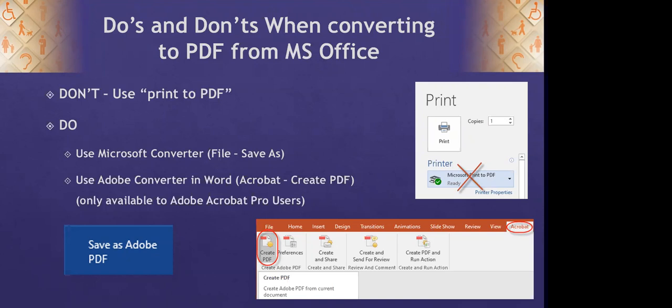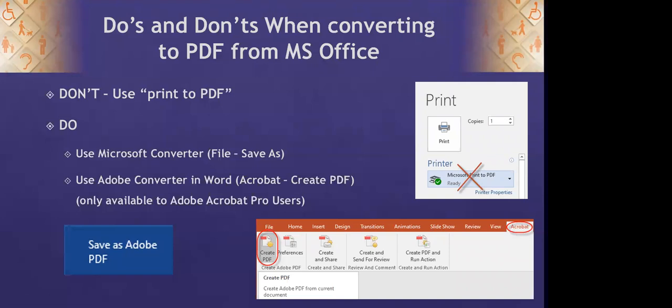There are a couple of ways that you can do it. Simply doing a file save as, and then you see a save as Adobe PDF option in your file save as option, versus using file print. And if you have Adobe Acrobat on your machine, you will automatically get an Acrobat tab in your source application.